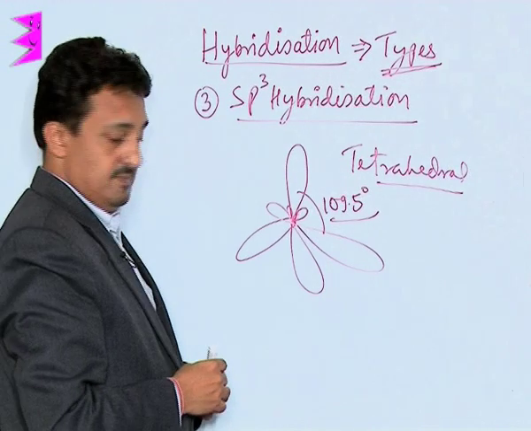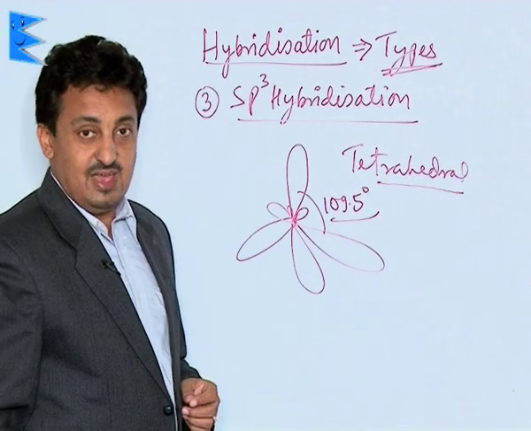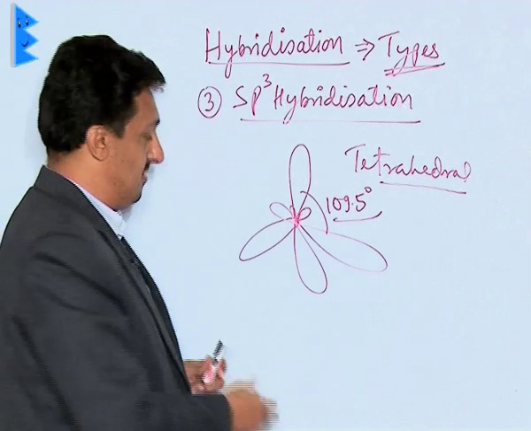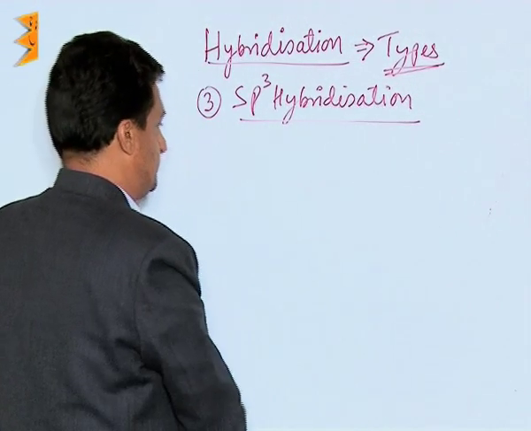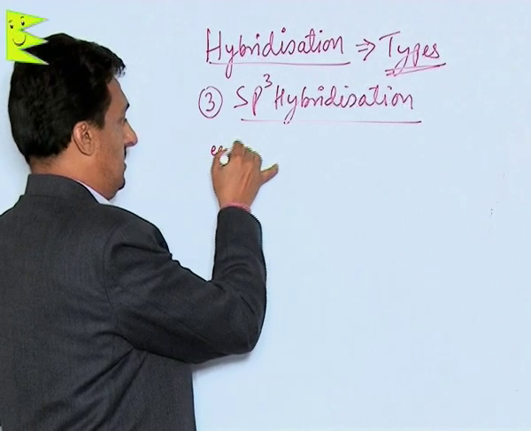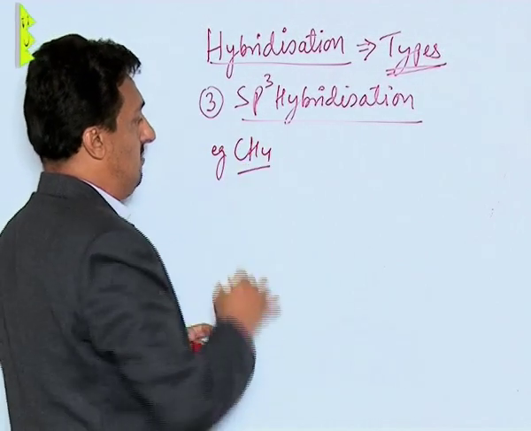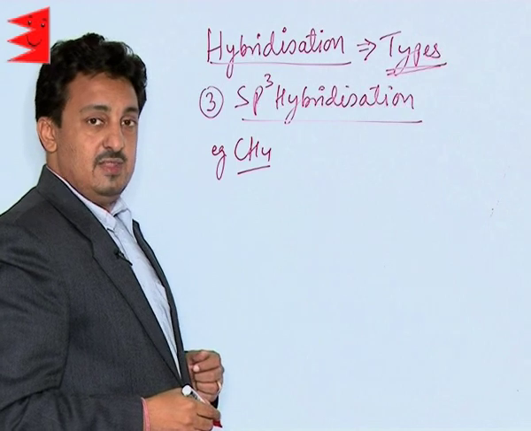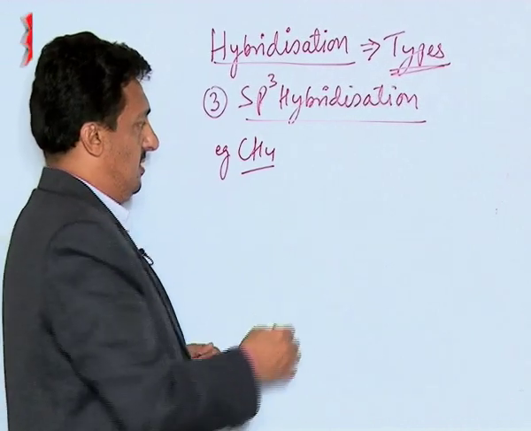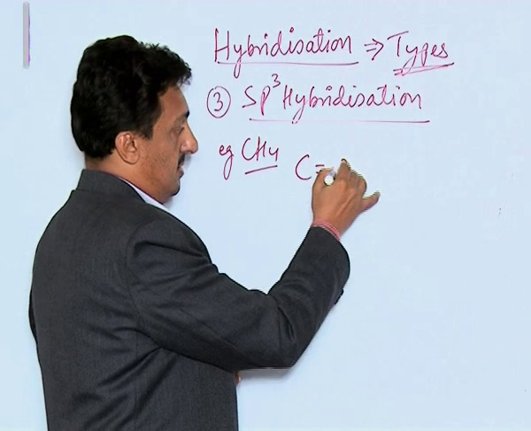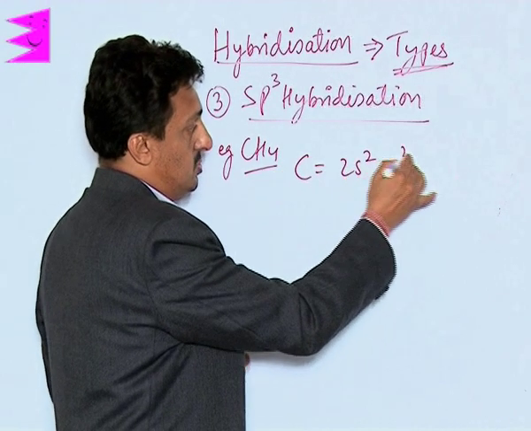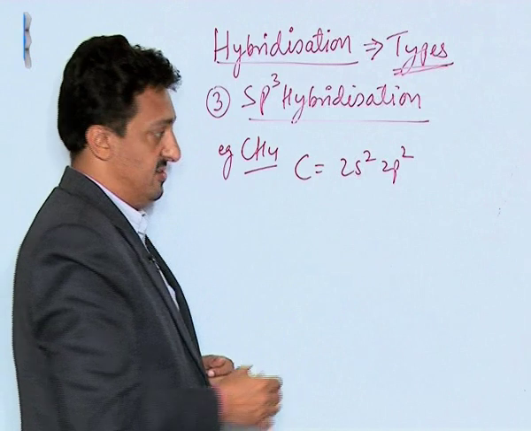Now let us see the examples of the cases in which the molecular species will be showing sp3 hybridization. Like we can have the methane molecule. In the methane molecule, what we find is carbon is having 2s2 2p2, 4 valence electrons.